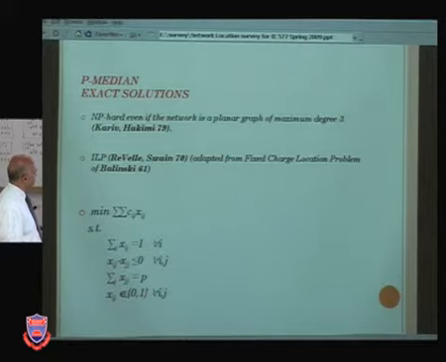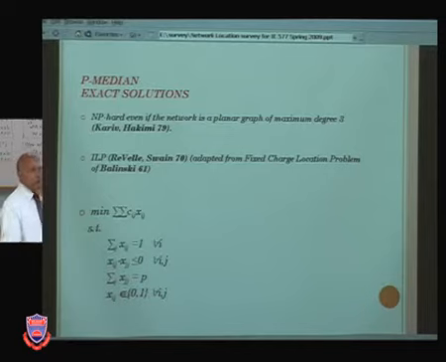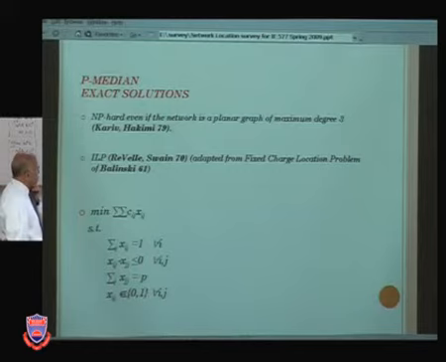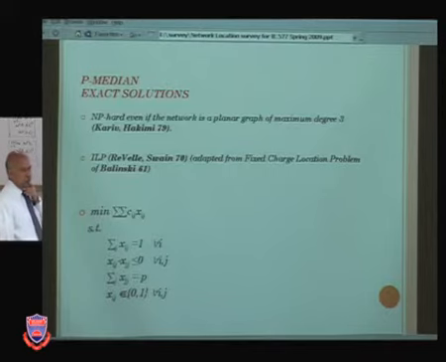And the well-known integer linear programming formulation is what you see on the screen. Xjj is 1 if there's a facility at node j, okay? And Xij will be 1 if your node i receives service from node j. The first constraint simply tells you that you should assign every node i to some facility, okay?